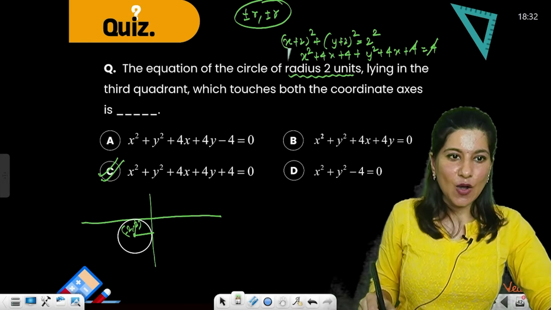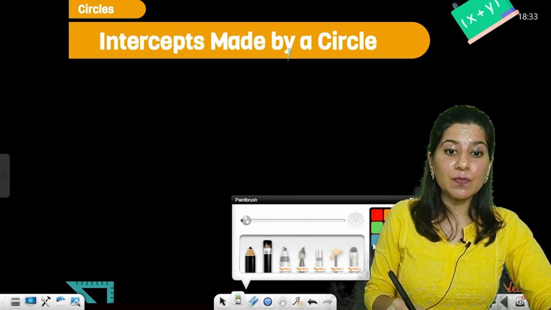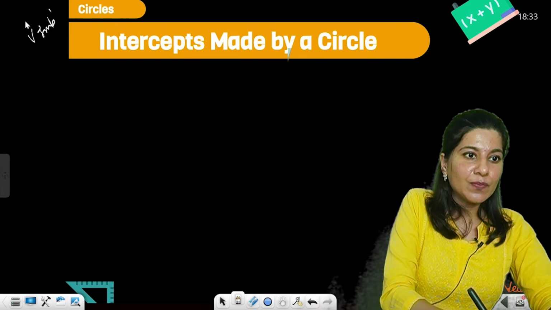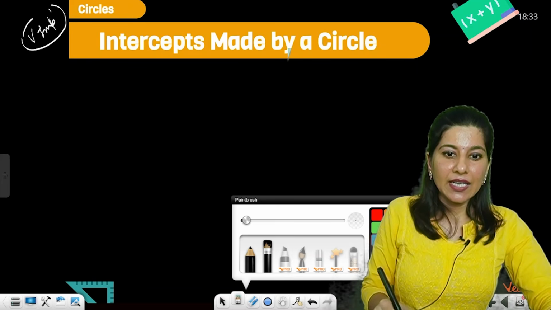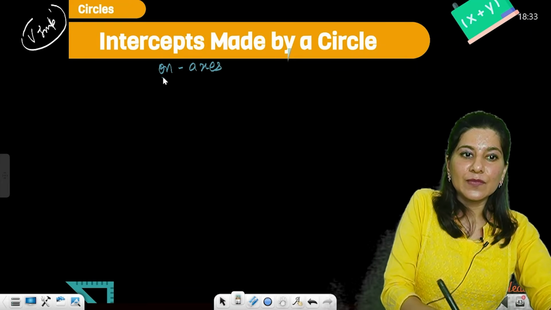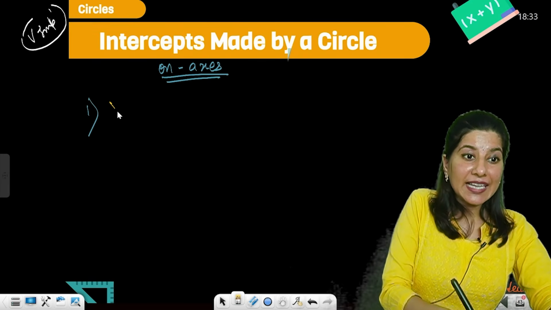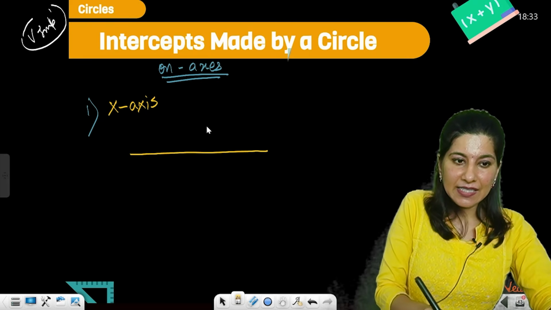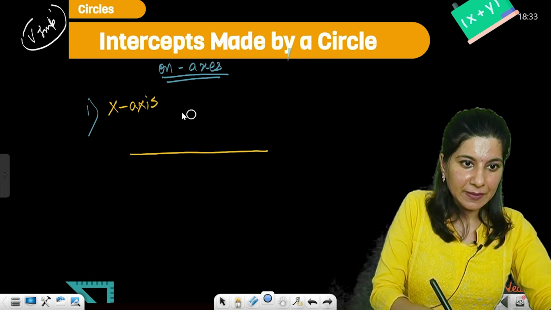Now we will talk about the intercept made by a circle. This is a very important topic. In here we will talk about basically two things: the intercept made by a circle on the axes. First, we will talk about the intercept made by a circle on the x-axis. If the x-axis is there, we can draw a circle, right?